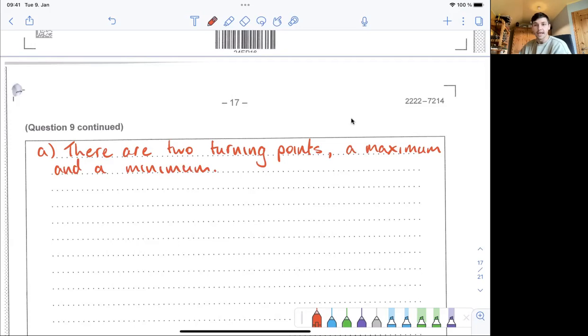And to state again, you could also say that there are three x-intercepts or that there is one point of inflection, and those would be adequate as well.